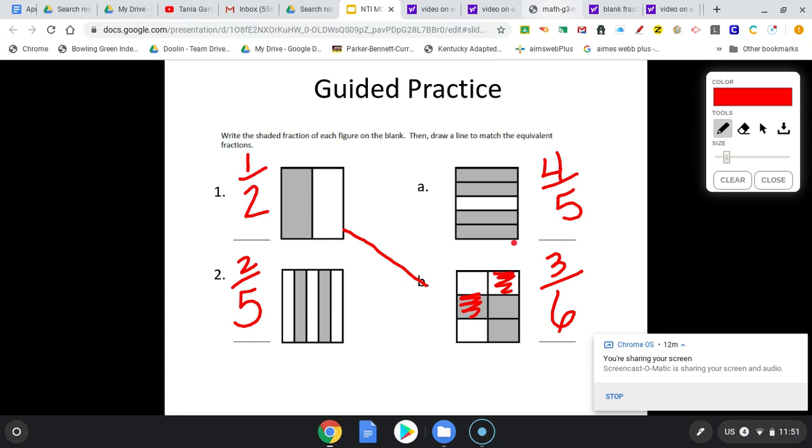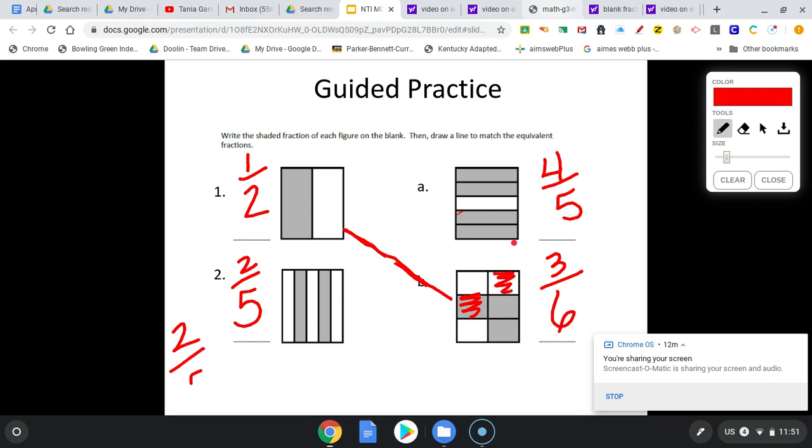If I just turn this around, I would see that those are, are they equivalent? No, those are not equivalent. So we cannot match those up because they are not equivalent. So these are the only two that are equivalent in this picture.